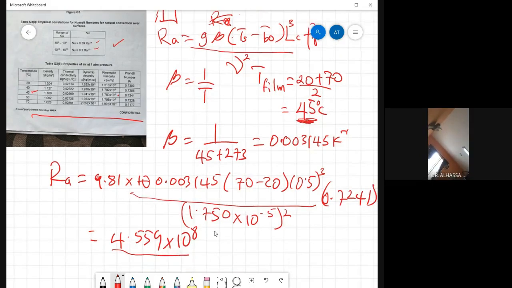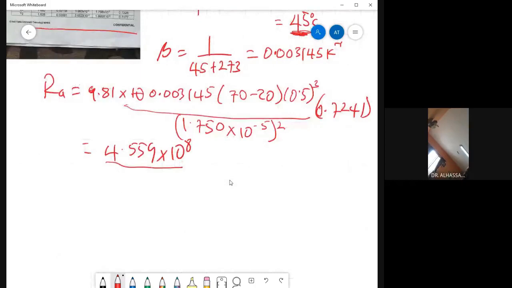So clearly like this, we are going to use this Nu equals 0.59 times the Rayleigh number to the 1/4.